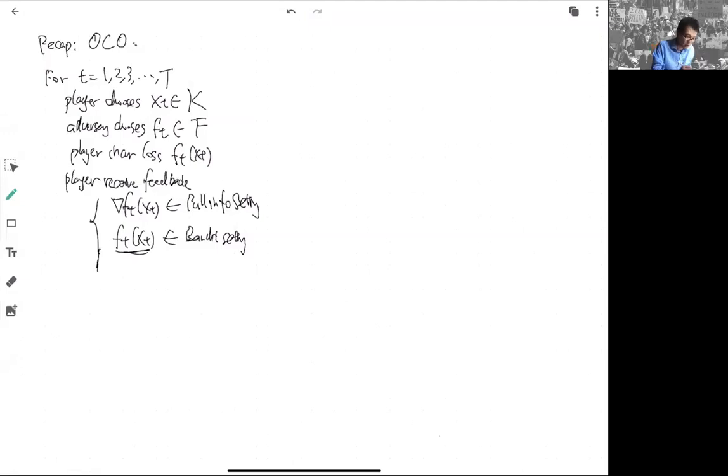Okay, so there's a third setting that is different to either one of these, which is to say that you observe some kind of noisy approximation of the full gradient in every iteration.